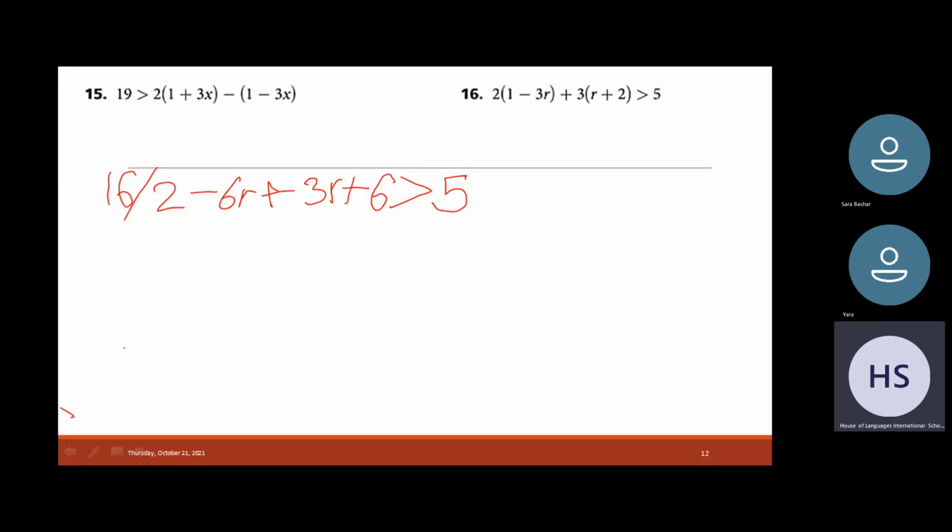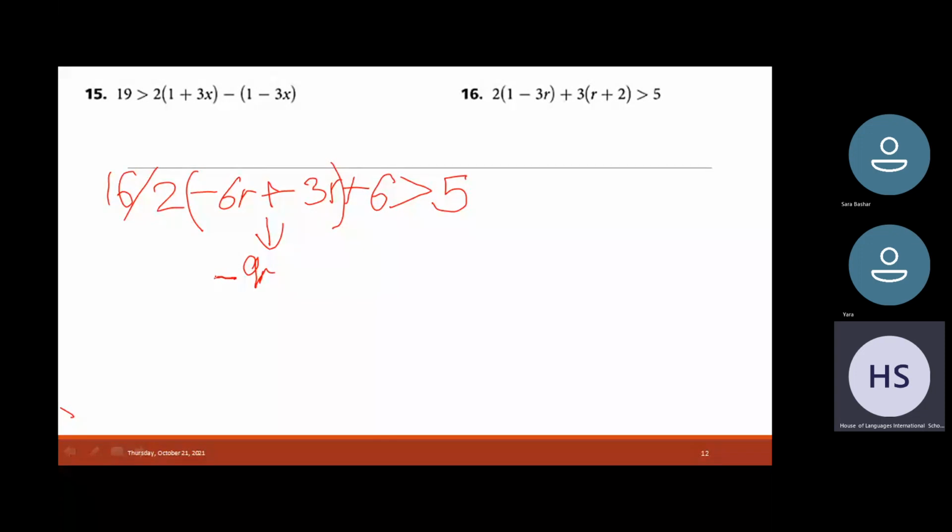So negative 6r plus 3r, you have to add them together. Combine them. It's in your copybook.